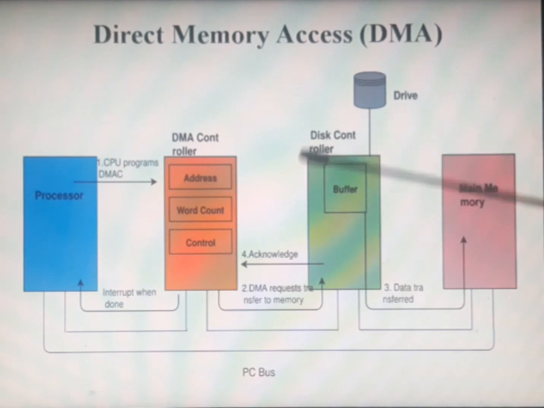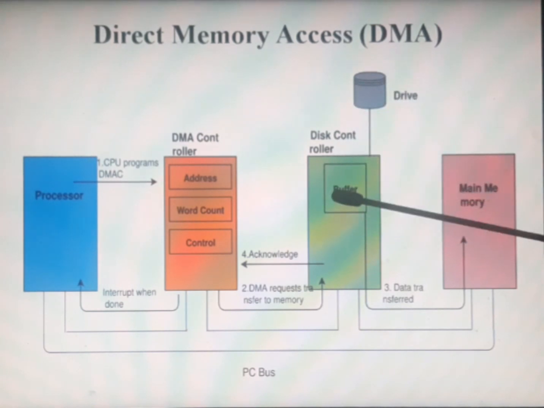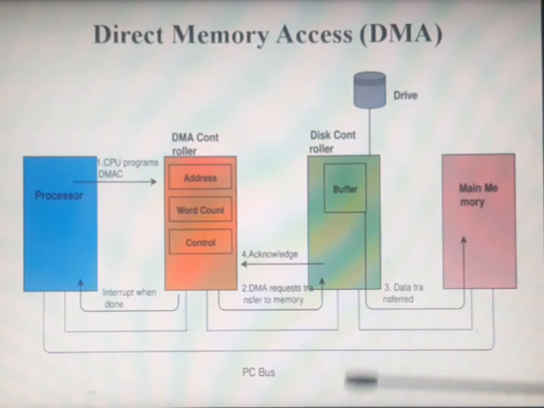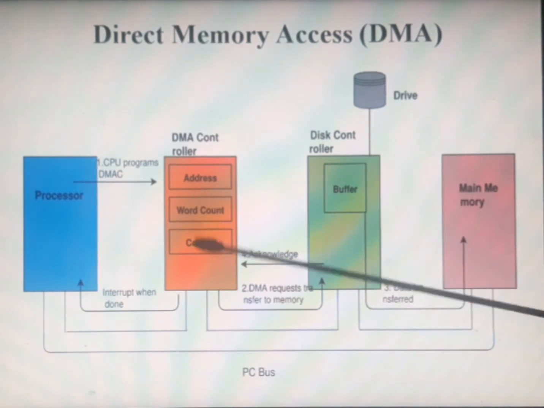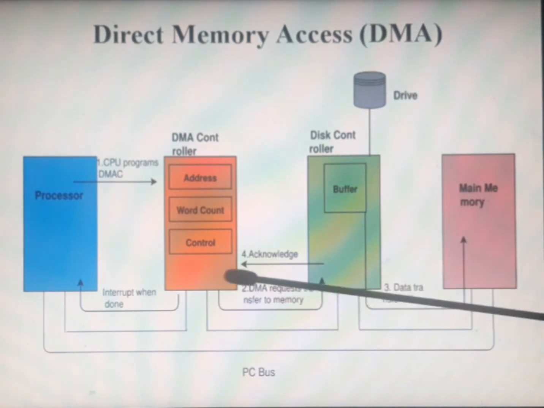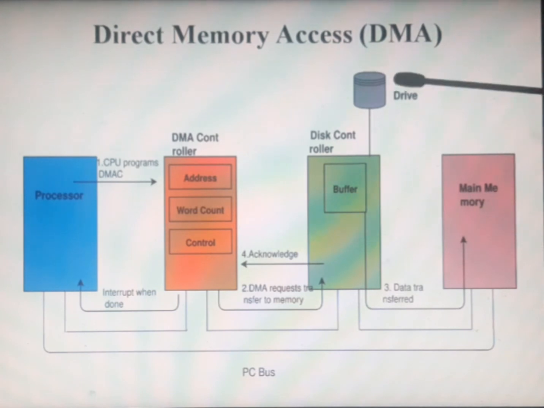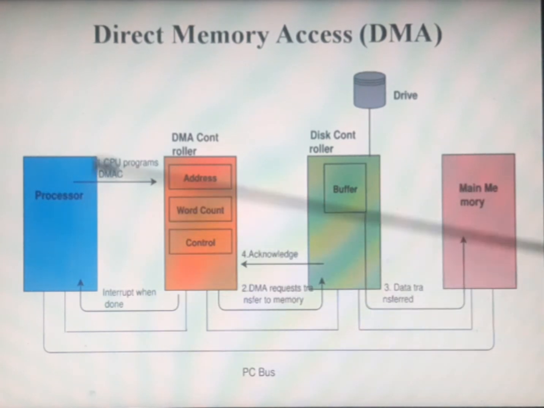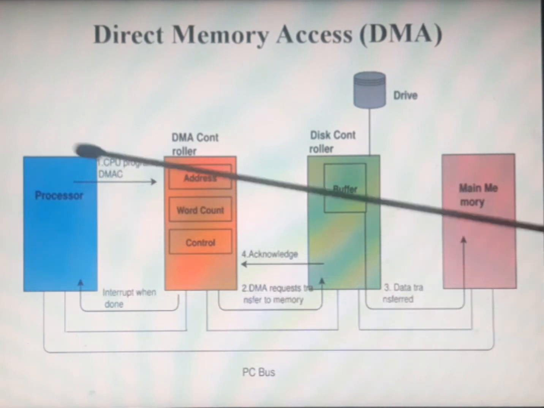The disk will be transferring the data to the buffer, and after that the data has to be transferred to the main memory again. This is how the DMA controller allocates memory to your request from the drive, without the help of the processor and without disturbing it.